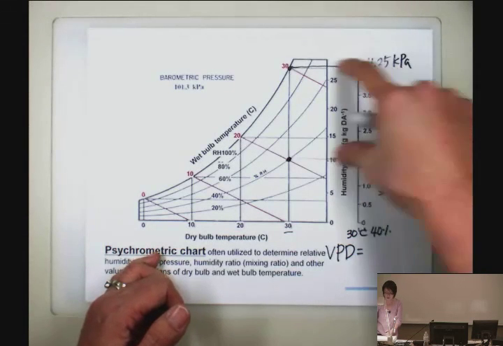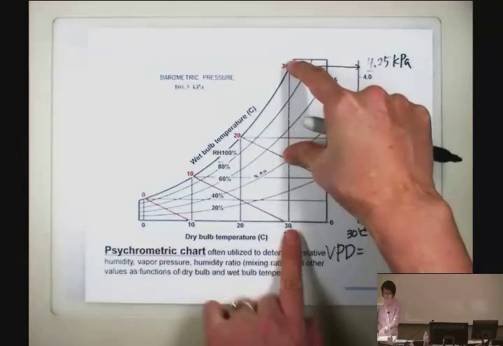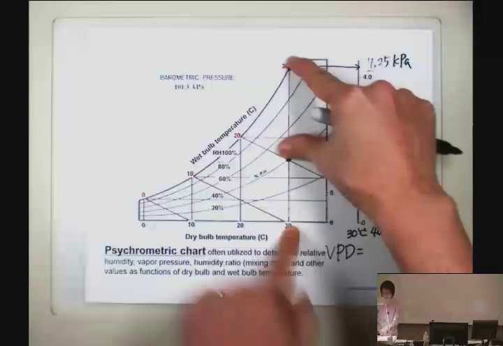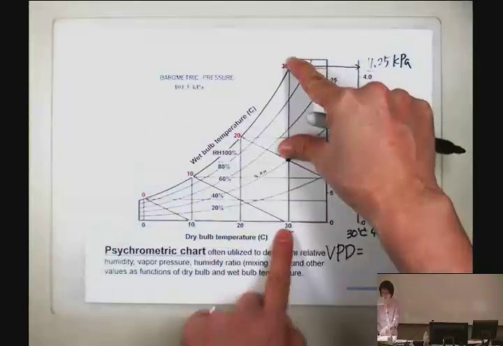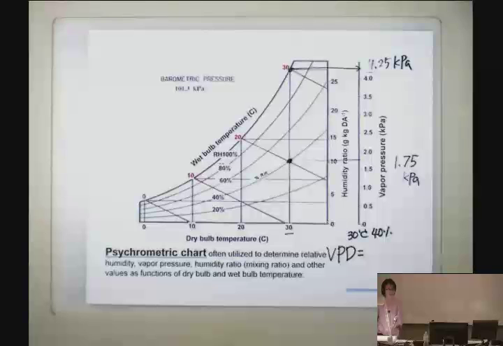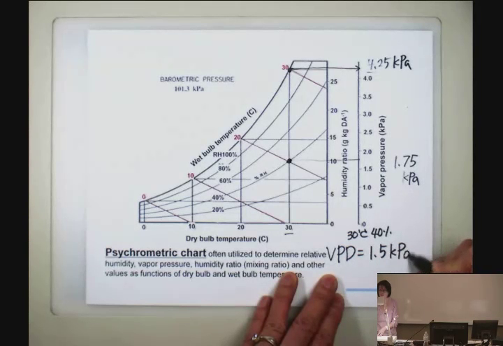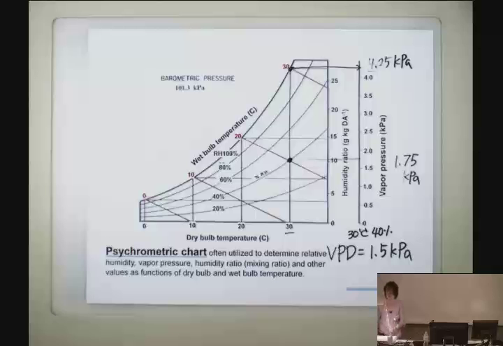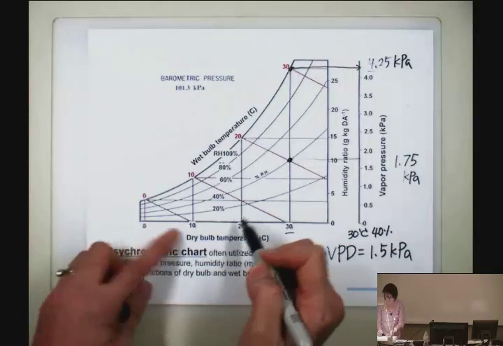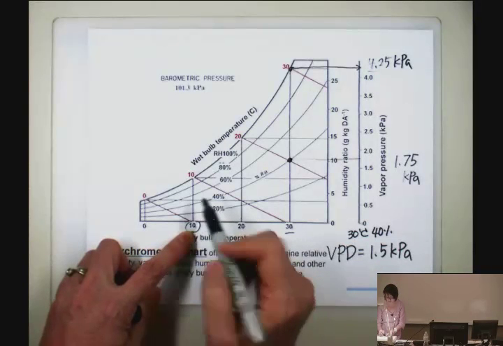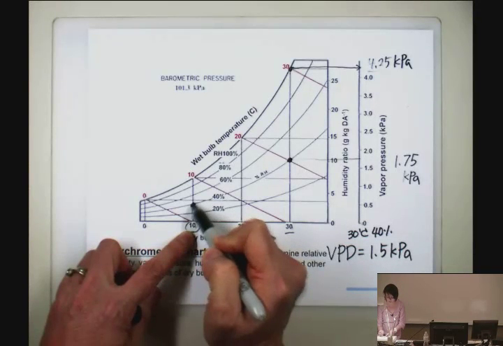So at 30 degrees C, the difference between the current and saturation is the VPD. And the value is what? 2.5 kilopascal. Okay?